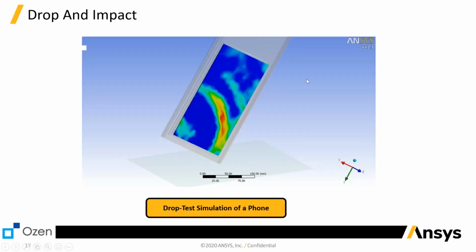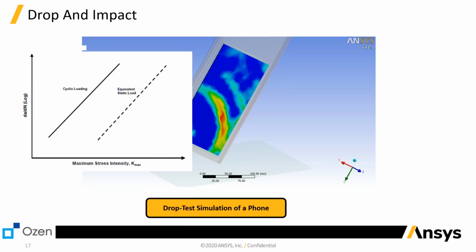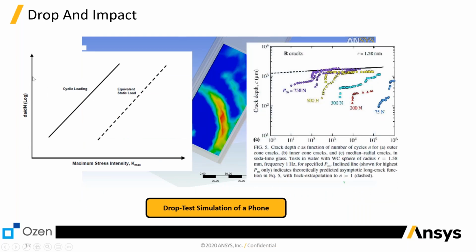And along the lines of drop and impact, we have done simulations in the past where we look at a phone being dropped, and we want to be able to predict the angle at which the crack will propagate. And why do we do that? Because then we, from experimental results, here we are looking at da over dN on the vertical axis.